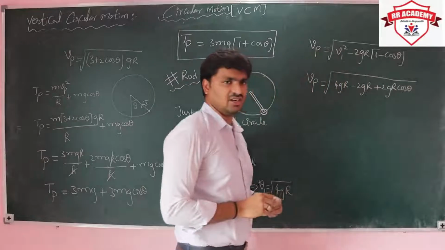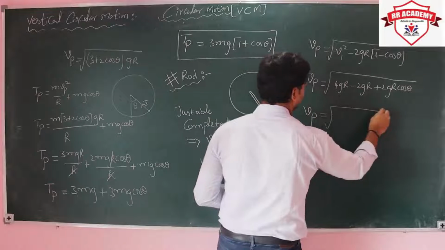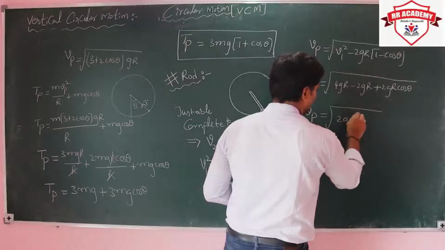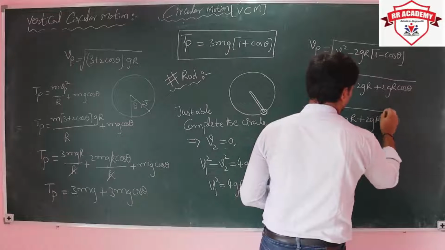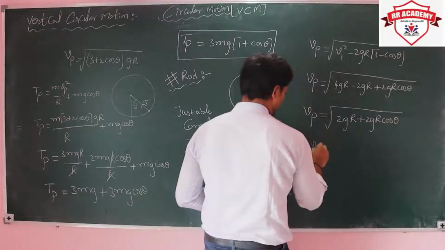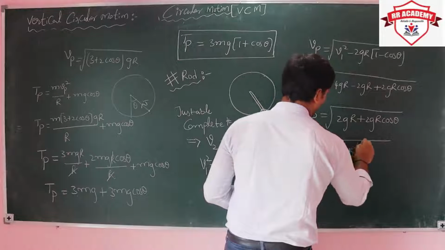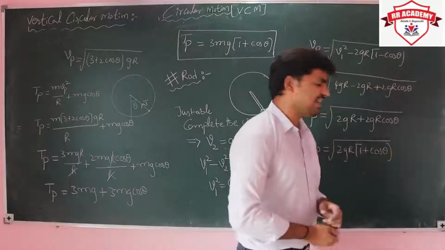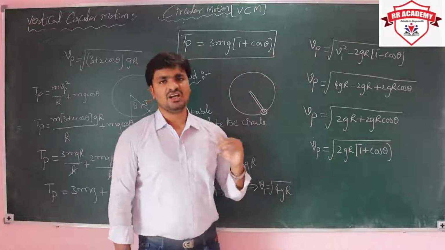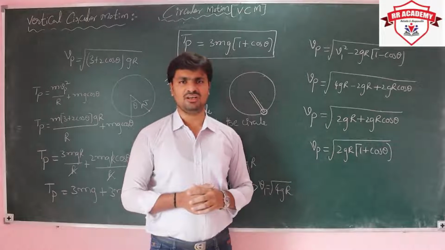So the velocity at any point is 2gr plus 2gr cos theta. You can take 2gr common, so that value is 1 plus cos theta. You can put the theta value: theta is 0 at the lowest point, and theta is 180 at the highest point.